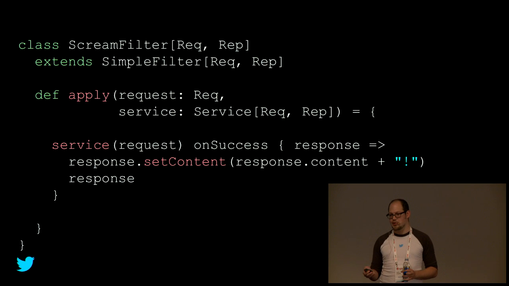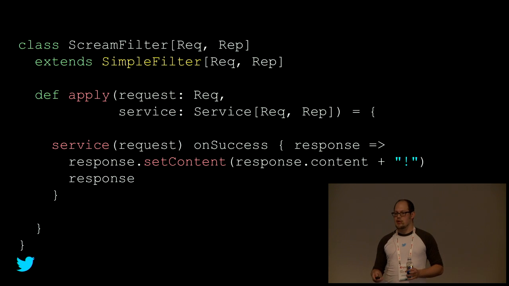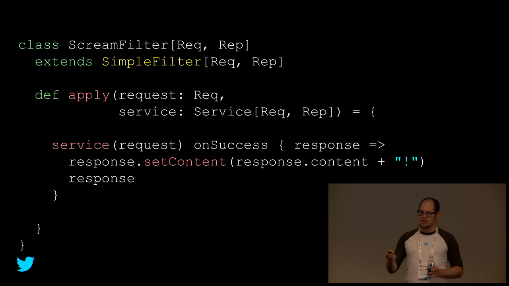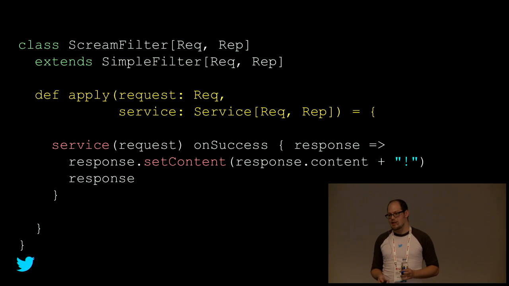So here we have a filter called ScreamFilter, which is going to wrap an HTTP service and then add an exclamation point to whatever the return of the server was that we were wrapping. So here you can see that we're extending SimpleFilter with the same types that we're implementing our filter with. We have the apply contract that we have to fulfill, which is the method definition.